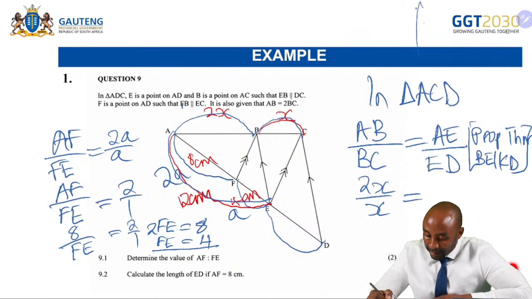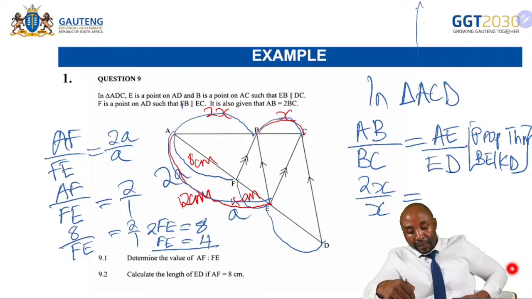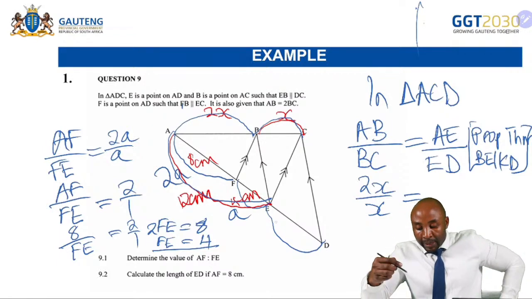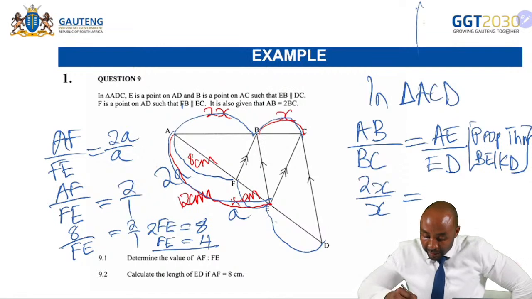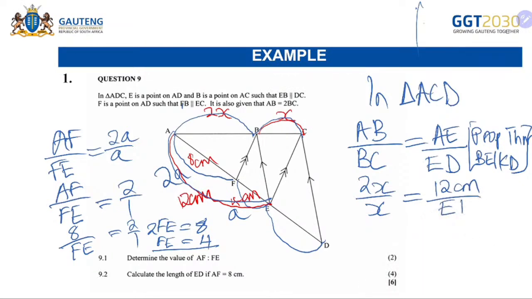I've calculated it. I first of all found AF, I'm given it's 8 centimeters, and my FE is 4 centimeters. So if I added, I found that my AE is going to be 12 centimeters over my ED.